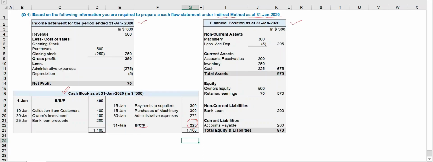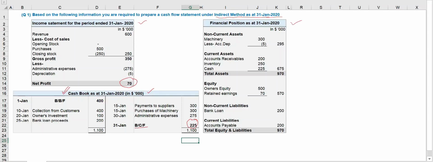You are given the income statement, the financial position, and the extract from the cash book. Under the indirect method, you should start from the net profit.